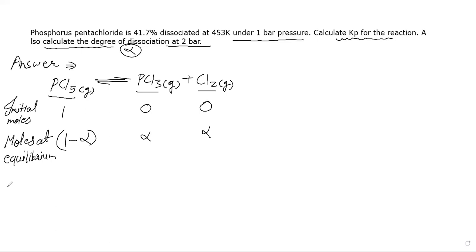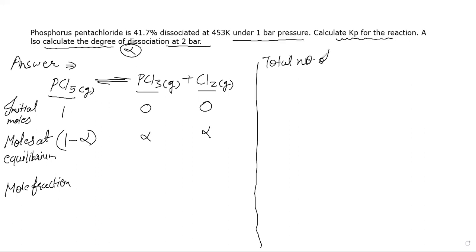Then calculate mole fraction. For calculating mole fraction, you require total number of moles at equilibrium. So I'll write here total number of moles at equilibrium is equal to the sum of number of moles of PCl5, that is 1 minus alpha, plus number of moles of PCl3, that's alpha, plus number of moles of chlorine, alpha.